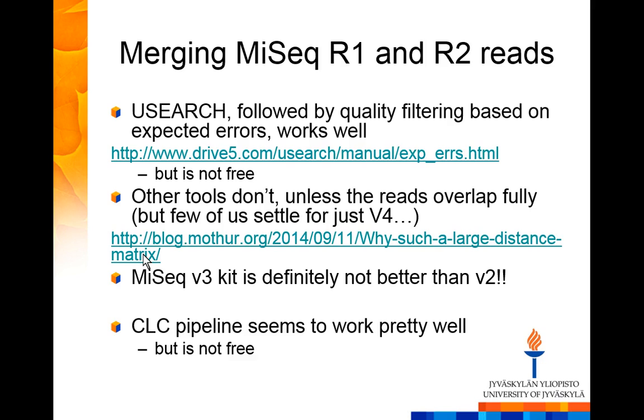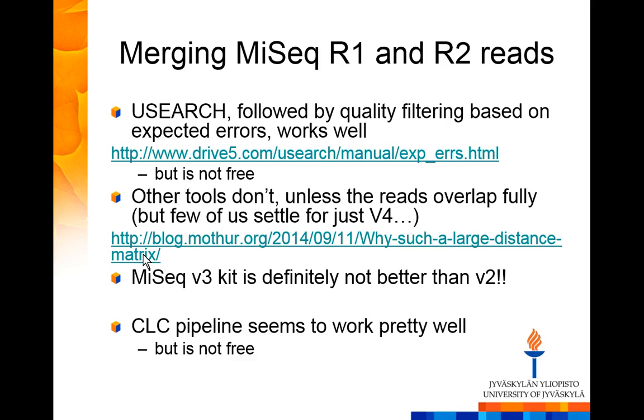If you can do that and still have enough data, fantastic. If you sequence anything else than just V4, you probably will not have enough data after that. If you have full overlap of R1 and R2, so if you sequence just V4, any of the tools should work fine.